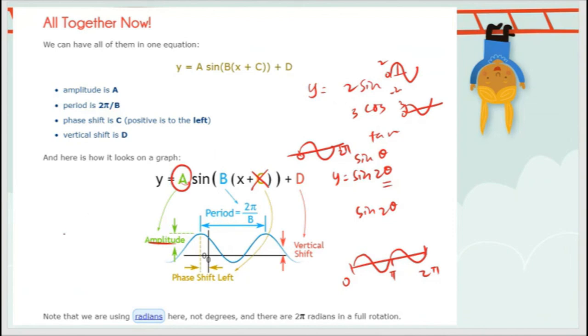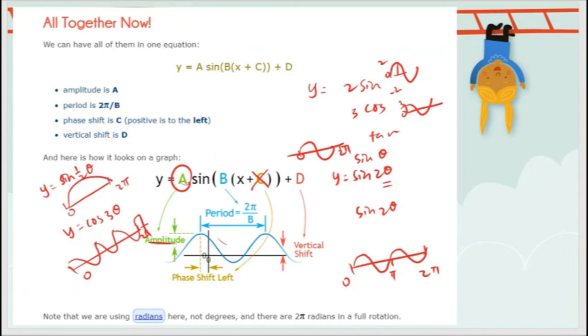For example, y equals cos 3 theta, from 0 to 2 pi, it will have 1, 2, 3, so 3 cycles. One more example, y equals sine half theta. So this means half a cycle. Between 0 to 2 pi, it will have only half a cycle.